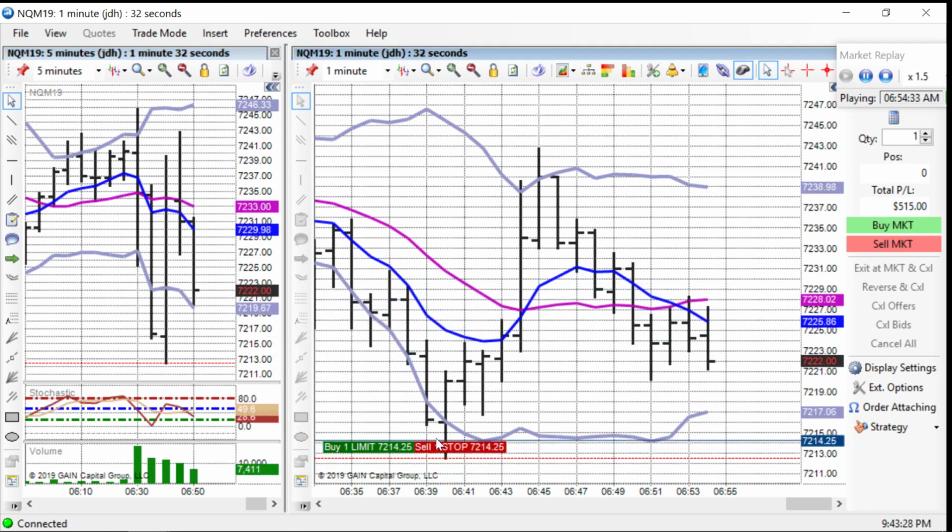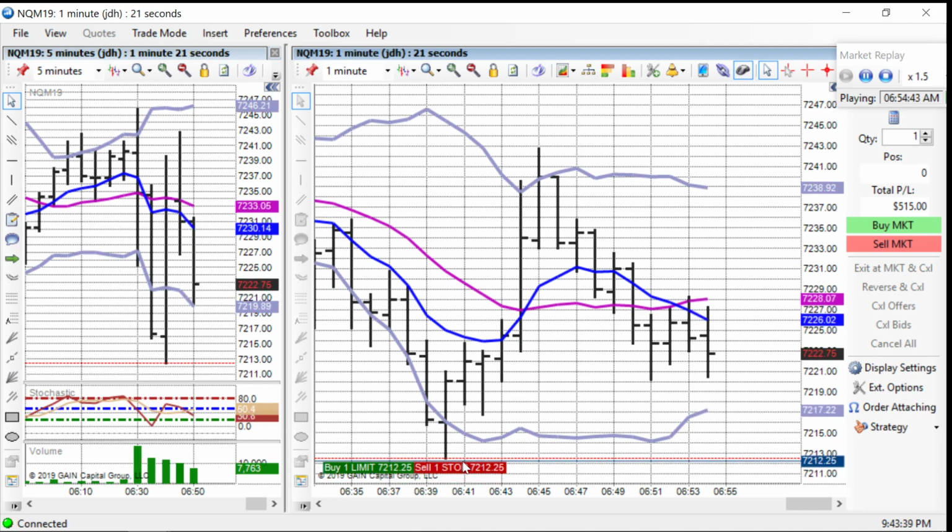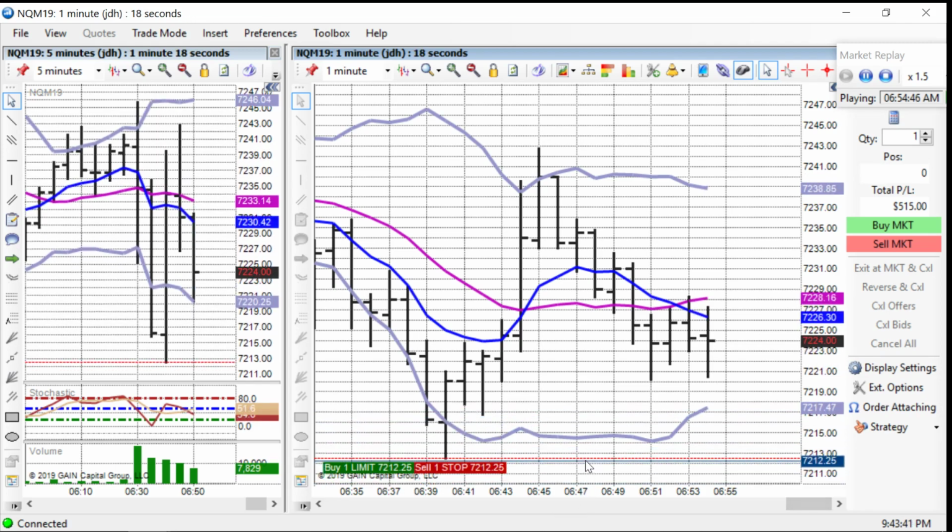We know that it's probably going to get down to this low here. If you look at previous support around 72.12 on the 1-minute chart, where the bottom of the market, the red dashed line is here.